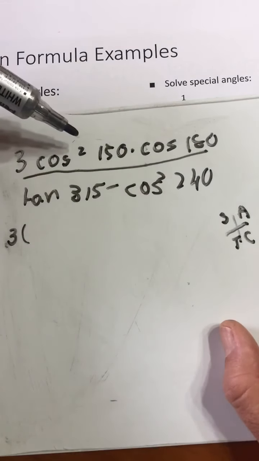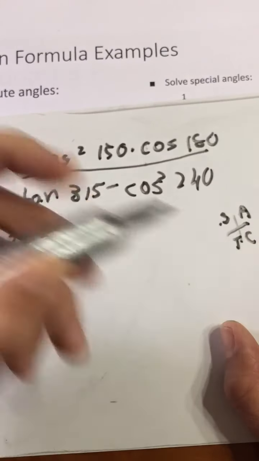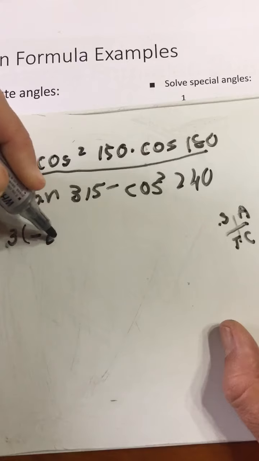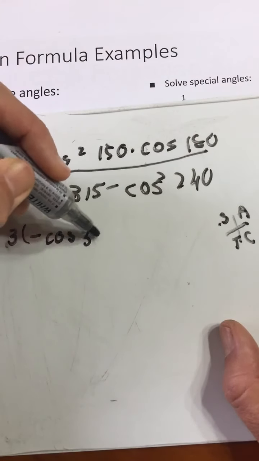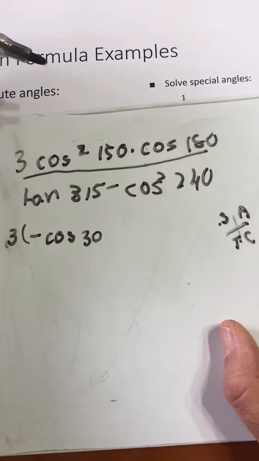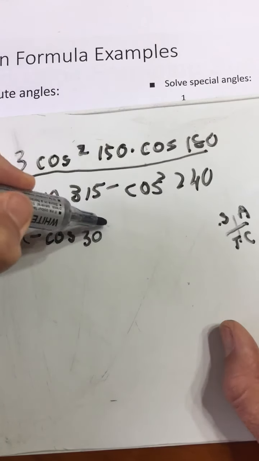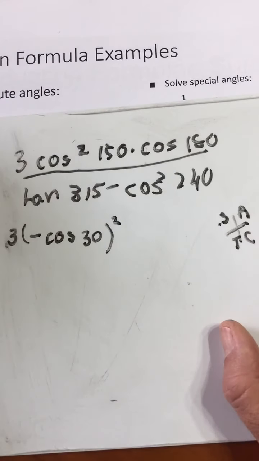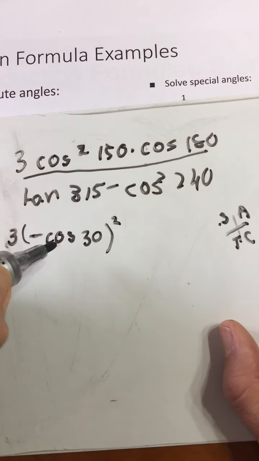Okay, so first of all, I have cos squared 150. 150 is in this quadrant here, so it's a negative cos, and 150 is 180 minus 30. Now, just an important thing with that squared, because you get a mark for getting your signs right, it's not a bad idea because it's cos squared to write it like that. Because when I square the negative, it's going to be positive. But here they know that I knew that cos was negative in that quadrant.